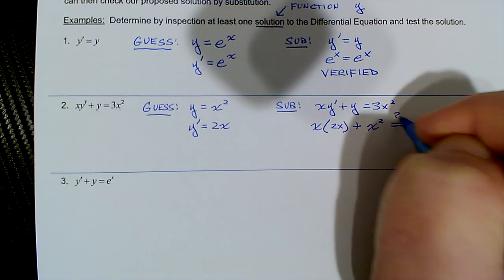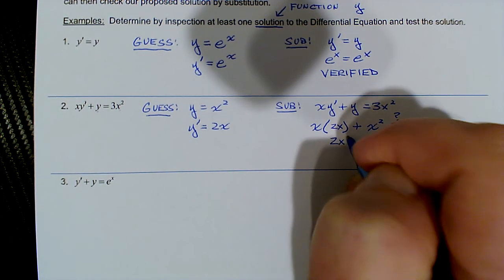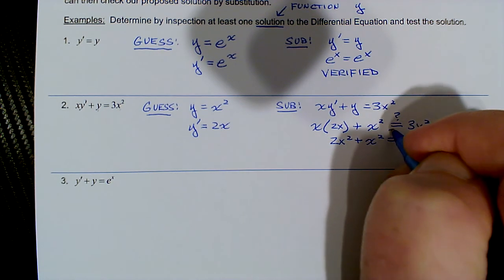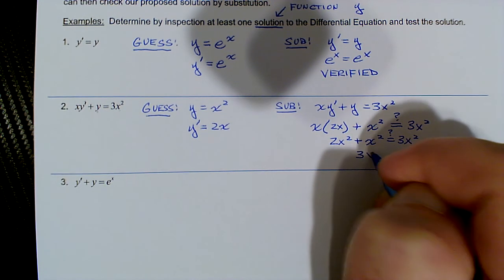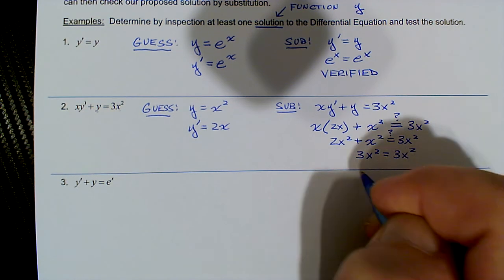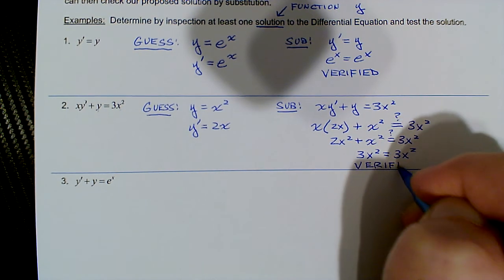And now it's pretty obvious, but just take one more line to state it. 3x squared equals 3x squared. And it's verified. So therefore x squared is the solution. Is a solution, I should say.